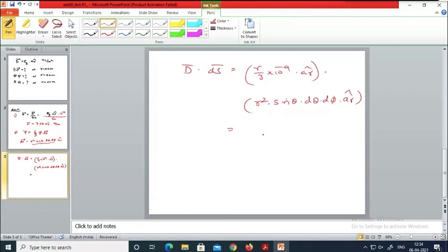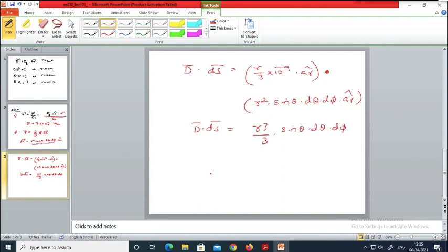So what is ar cap into ar cap? Dot product, 1. So it is r cube by 3 into sine theta into d theta into d phi. This is D vector into dS vector.